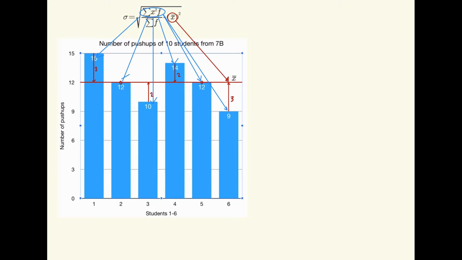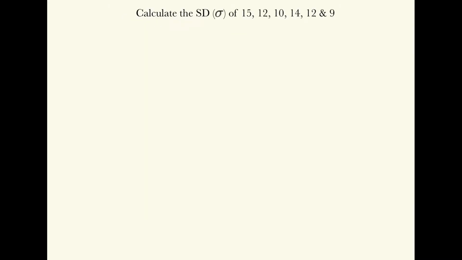But how can we do this symbolically? Well, what I'll do is I'll turn my page over, and I've got the numbers up here at the top. They're the same numbers. They represent the number of push-ups that 6 of these students in my 7B class were able to do in 20 seconds. So let's calculate the standard deviation. And I suppose step one would be to calculate the mean.